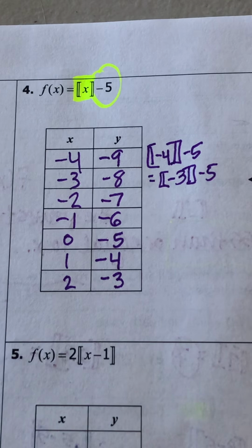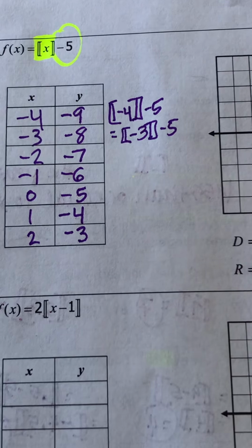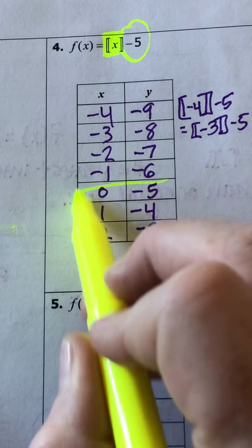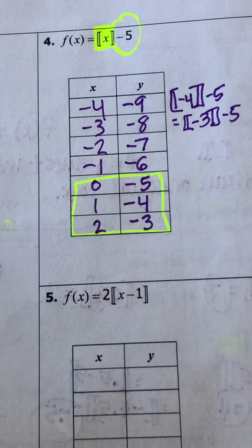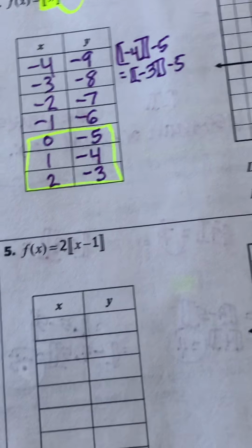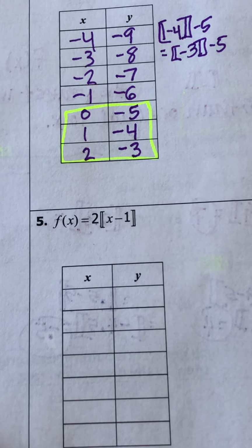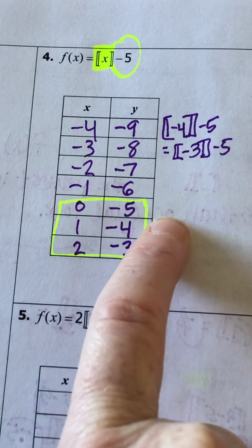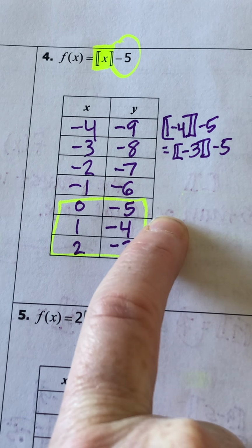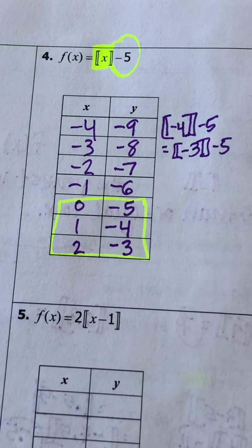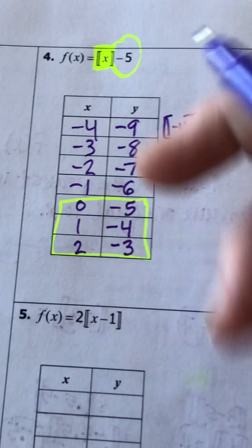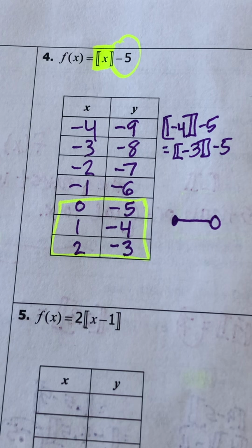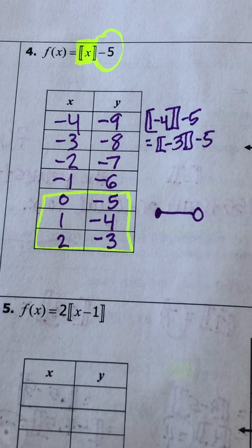My graph only goes up to 5. Either way, let's just graph that part and we'll continue our step function. At 0, I need a line going across at -5. We always start with closed, then open, unless there's some kind of negative sign with your x.